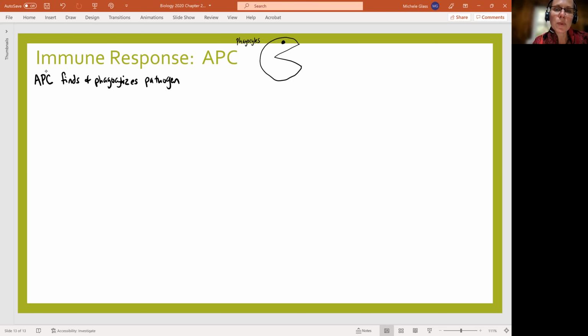Remember, the antigen presenting cell itself is not part of our adaptive immune response. It doesn't have a receptor that recognizes name, rank, serial number for that particular pathogen. It's very generalized.